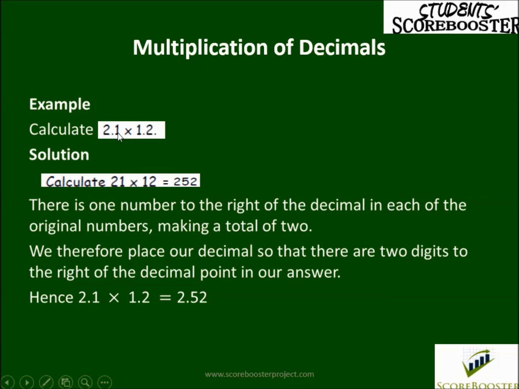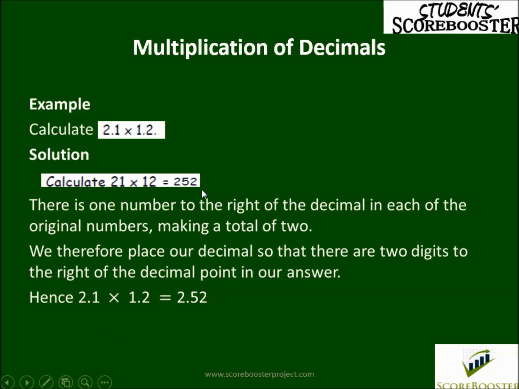Here you have a single digit, and here you also have a single digit, so you have two digits after the decimal point in both numbers. So now you make sure you have two digits after the decimal point here too.